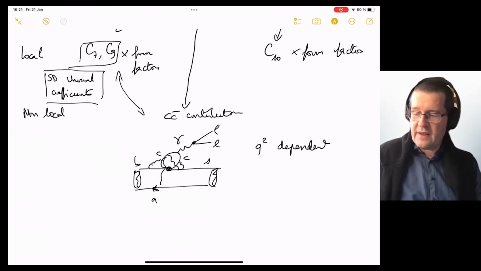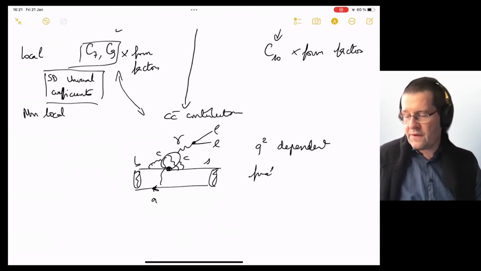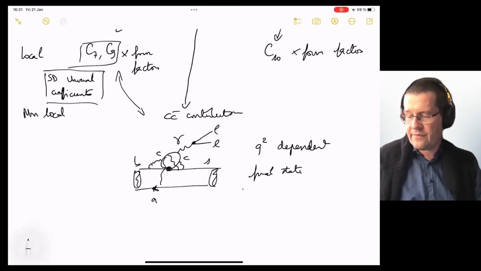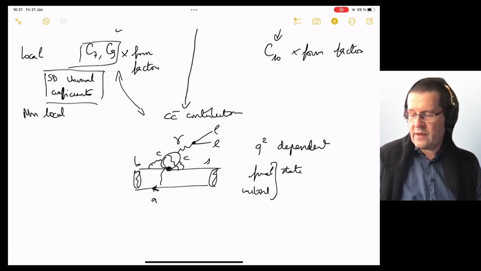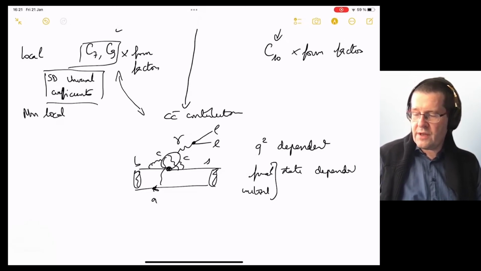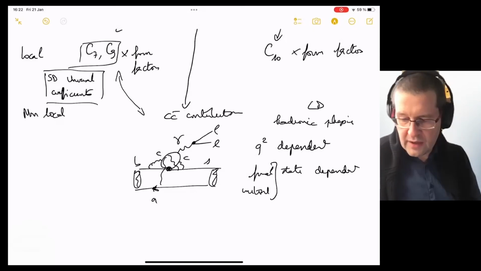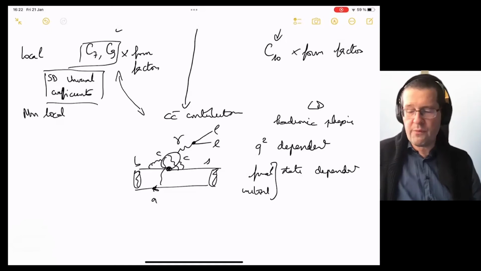It's going to be initial and final state, hadronic, dependent also, because it's really related to hadronic physics, so long distance physics. So it doesn't mean that you don't have to compute it.